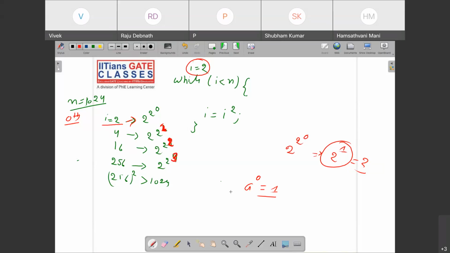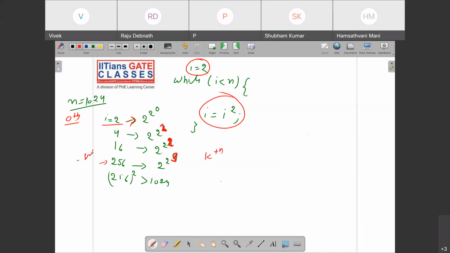Now at the kth step where this loop breaks, again I'm writing the same kind of concepts for you guys so that you don't miss this power concept also, where the comparing variable is squaring itself or increasing with a power 2. At the kth step, it will become 2 raised to power 2 raised to power k, which should be basically greater than n.